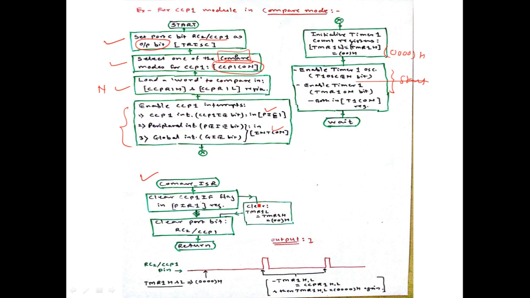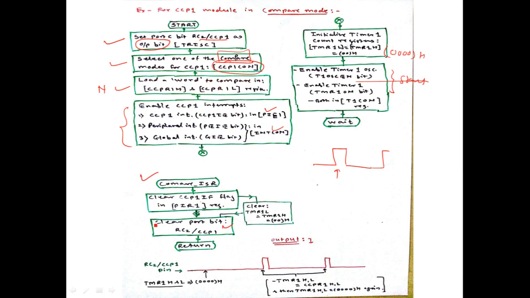You can restart your timer if you want, and clear the port bit. Suppose you have selected the option that upon interrupt the port bit should be set. Then when the interrupt occurs, when you go to the interrupt routine, you can reset the bit back, so that the next time the interrupt occurs, the bit can be set again. So you have to clear the port bit and then return.